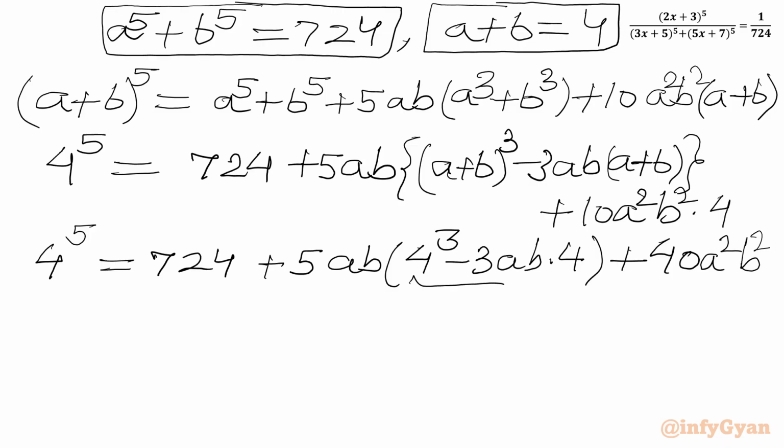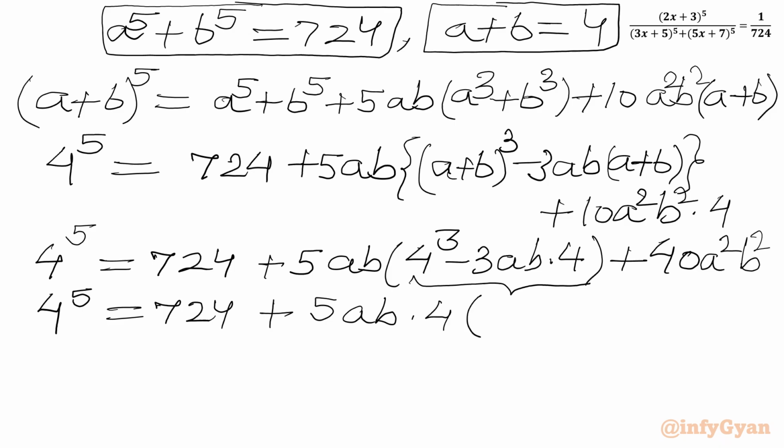Now I can take 4 common from this bracket also. So let me write 4 power 5 equal to 724 plus 5AB times 4. In the bracket it will be 4 square. So I will write 16 minus 3AB. And then I will write here 40A square B square.